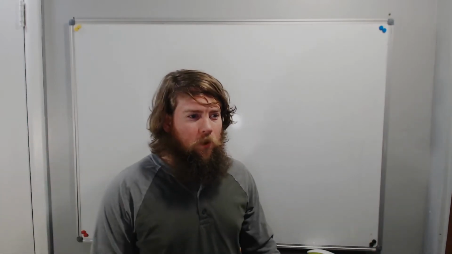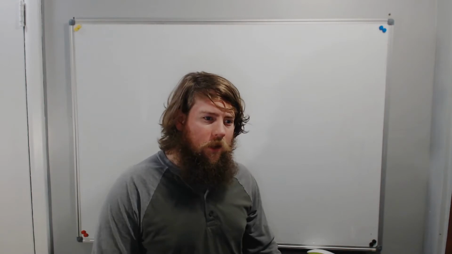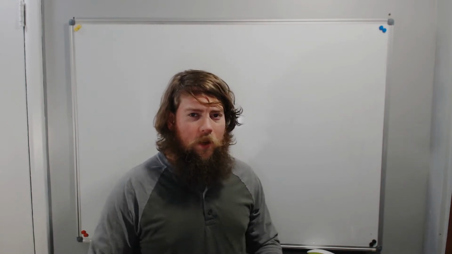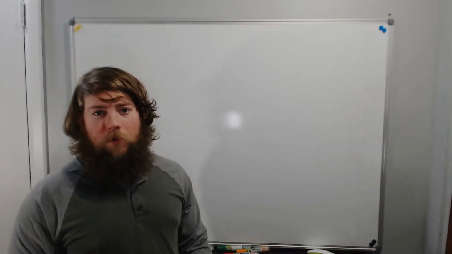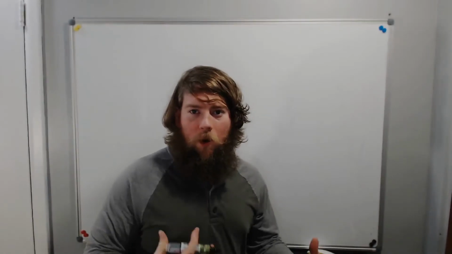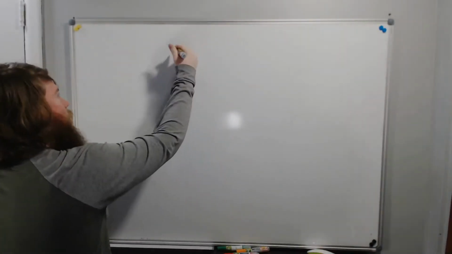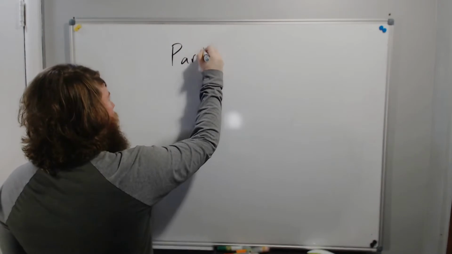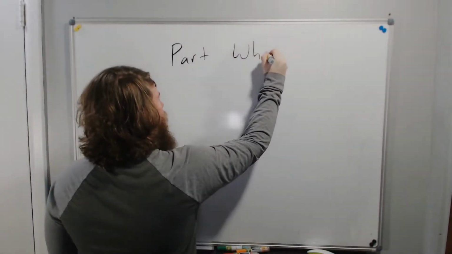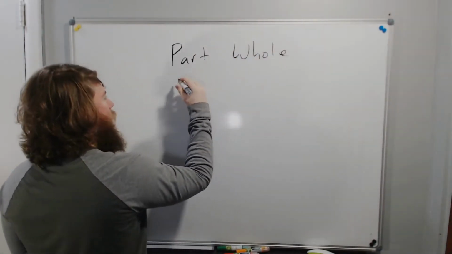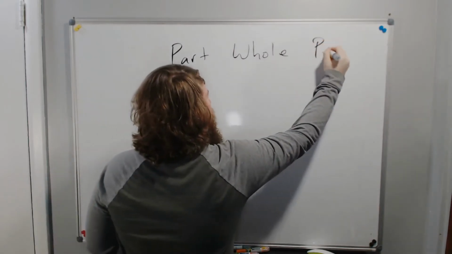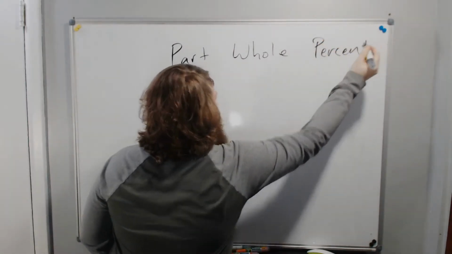Okay, what's up guys? So what we're going to be talking about in this video is something that we've seen lots of times before, but it's an idea that I think a lot of students get caught up on. So we have this relationship between three quantities, right? The part, the whole, and the percent, okay?